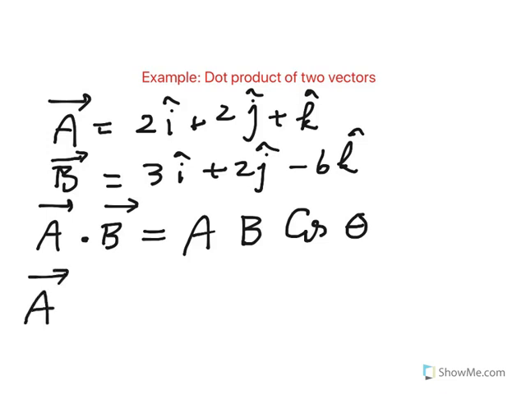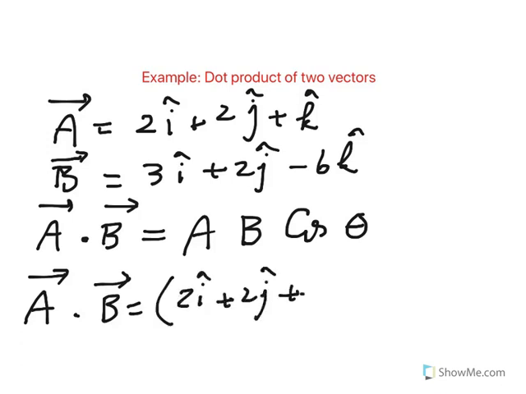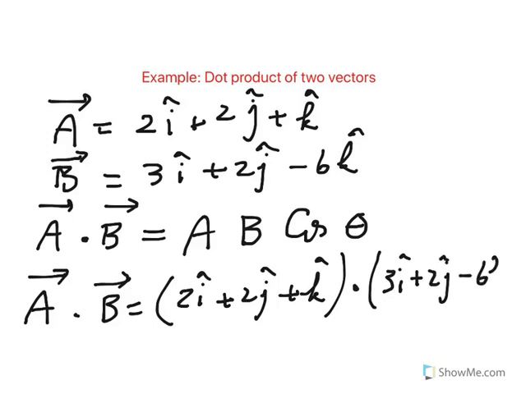So remember, A dot B is simply as if you are multiplying. You have 2i plus 2j plus k, dotted with 3i plus 2j minus 6k.